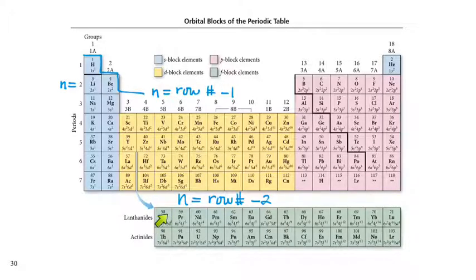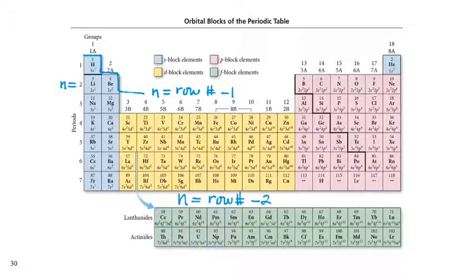So this isn't 6F, it's 6 minus 2: these are the 4F orbitals filling. When you get to number 71, you come back up to number 72, hafnium, and now you're filling up the 5D. So there's this weird little glitch where one of the 5D orbitals fills, and then it goes in and fills up the Fs instead.